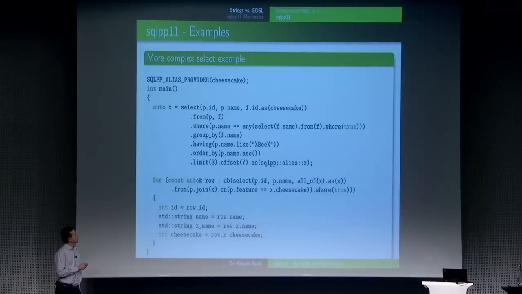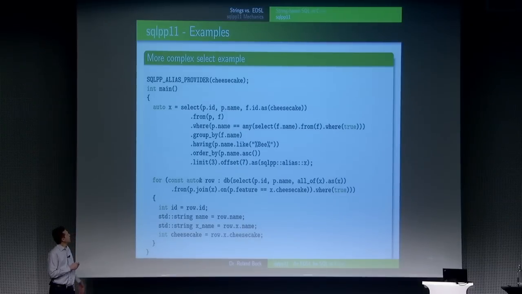If we would just write it like this, only the FID, then the compiler would tell us, oh, well, you have a name clash here. You have to make sure that the names are unique. So what we do is, similar to normal SQL, we say, okay, we select f.id as some name.